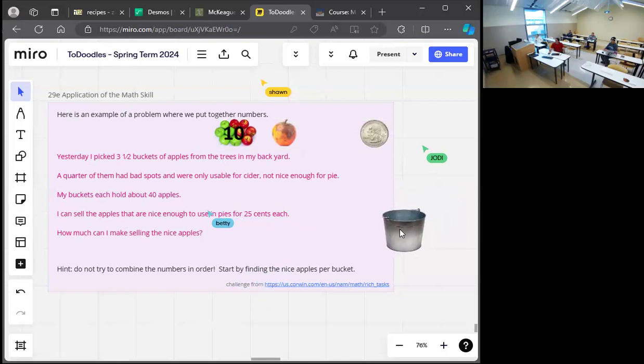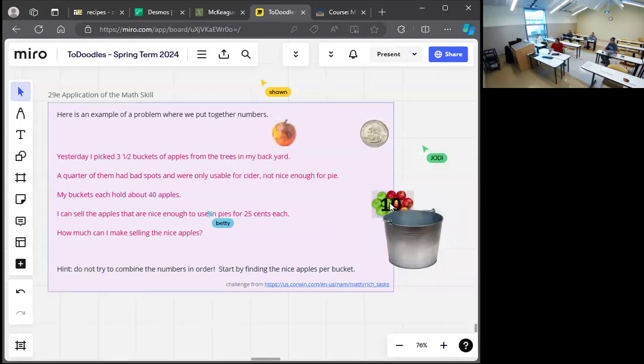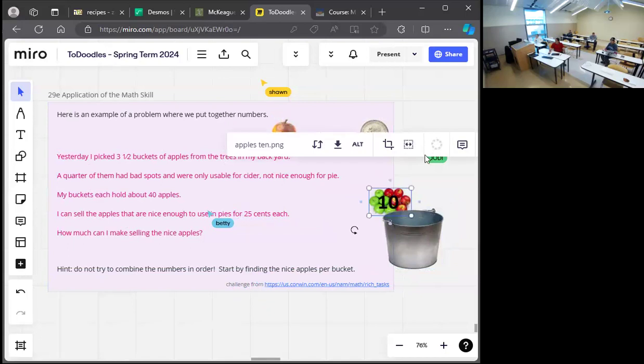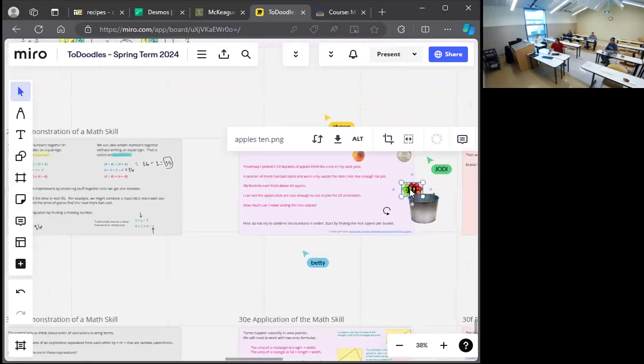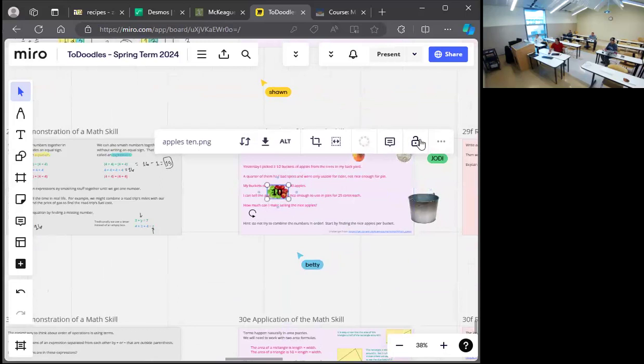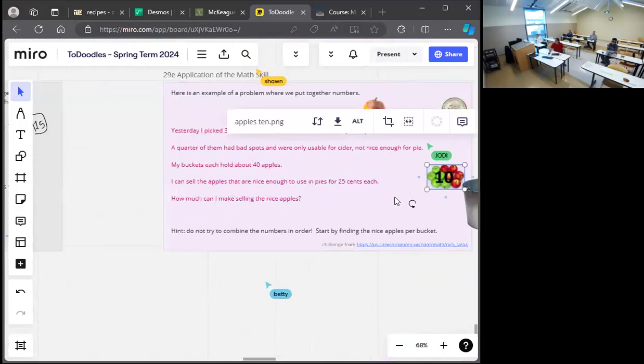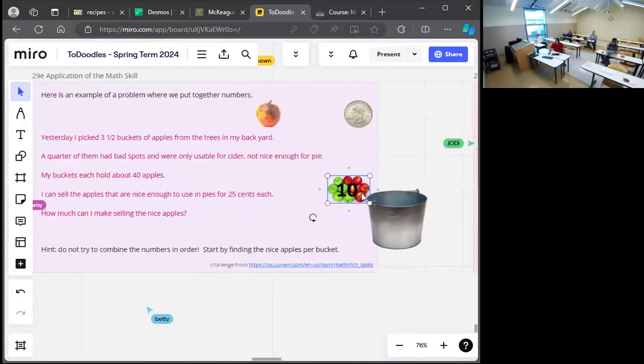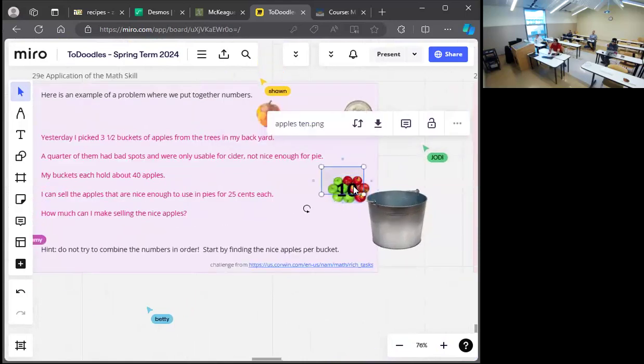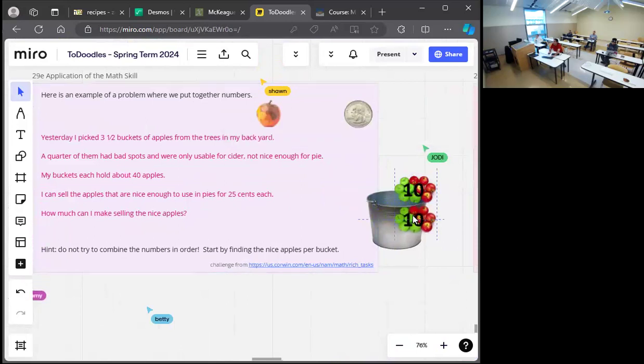So one bucket would be big enough to hold 40 apples. And a quarter of them went bad. So there's a picture of a bucket with 40 apples.